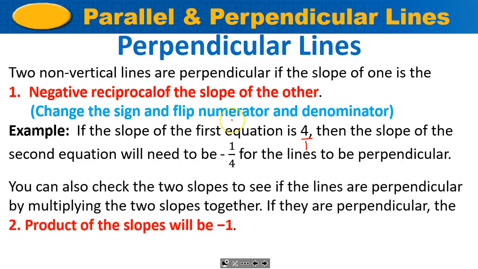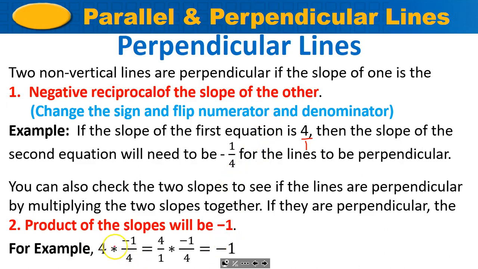The other way that we can determine this, and this is number 2 in my notes, is you can also check the two slopes to see if the lines are perpendicular by multiplying them together. If they're perpendicular, the product of the slopes will be -1. So that's your number 2. That means when you multiply the slopes together, you get -1. When we do this one, if we multiply 4 times -1/4, that would be 4 over 1 times -1 over 4.